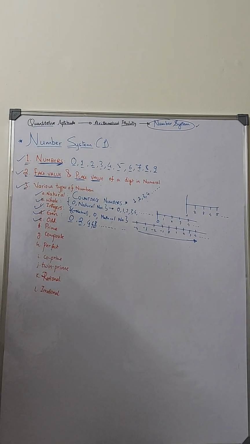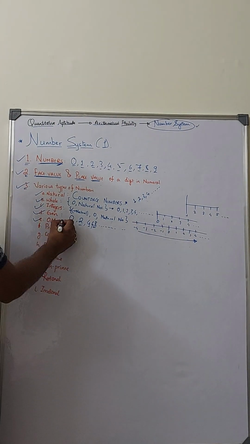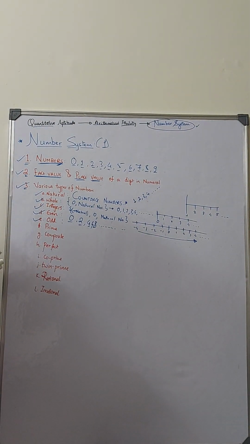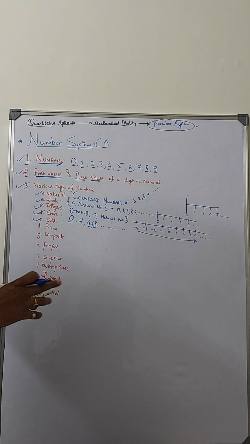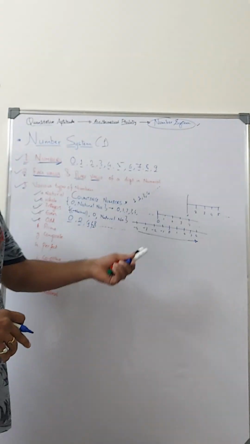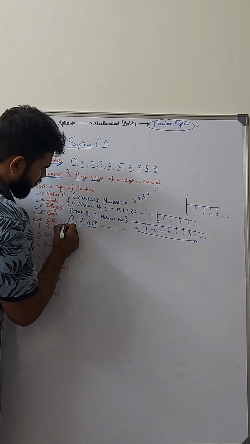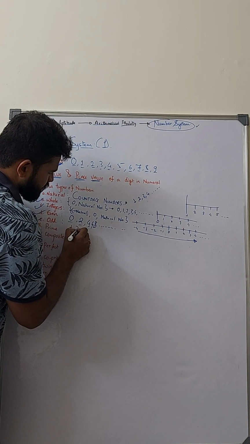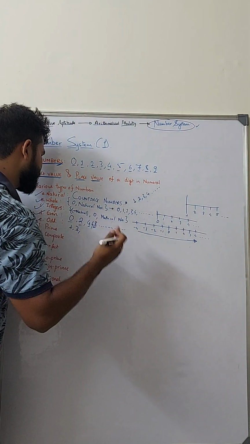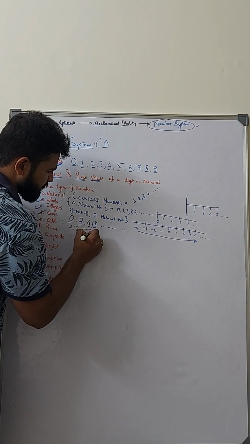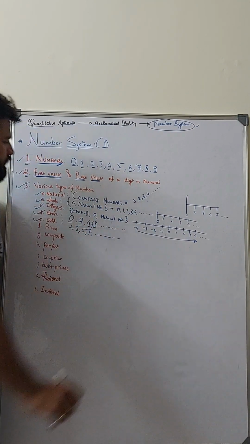Then we will be moving towards odd numbers. Odd, or what? Numbers which are not even are odd. But we can't say it like that either. The numbers which are not divisible by 2 are odd, and 0 is not included. Odd numbers start with 1, 3, skip 4, then 5, skip 6, then 7, and so on.